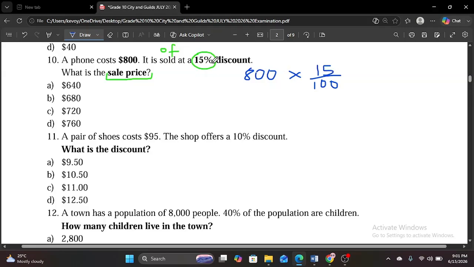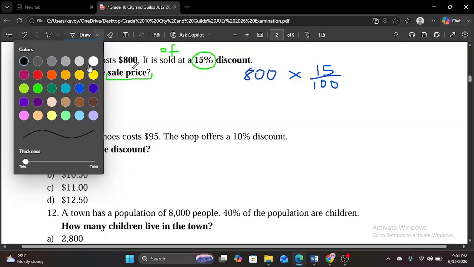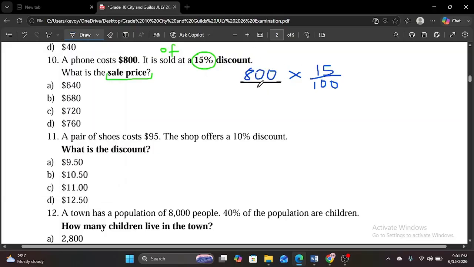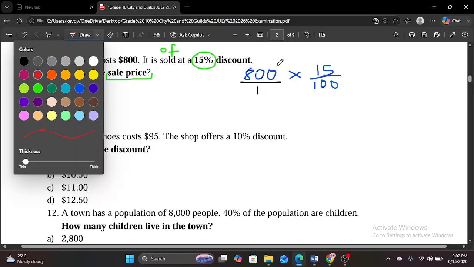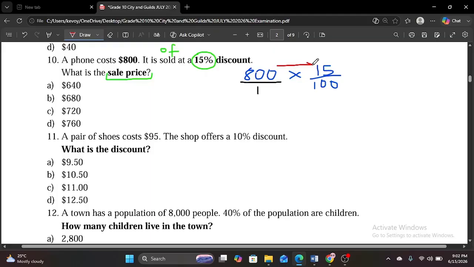We're going to do the same thing as before. If we're multiplying a whole number by a fraction, we change the whole number into a fraction by having it over 1, and then we multiply our two fractions. So that's going to be 800 times 15 over 1 times 100.